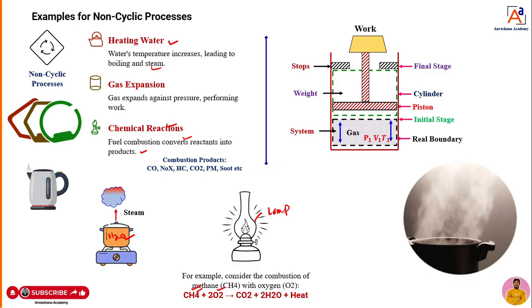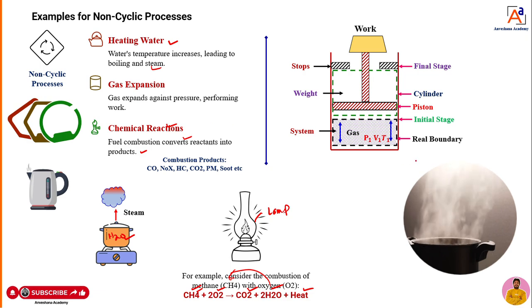When they both react, they are going to form combustion products, that is CO2 and H2O and heat. But we can't come back to the original position. Once the fuel is burnt, heat will be generated and hot gases will come out. But we can't convert back to methane or oxygen. If so, then that process we can call a non-cyclic process.